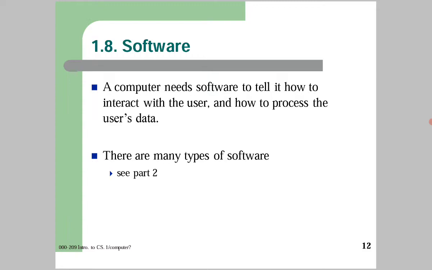Without software, a computer is a mechanical, hardware and electrical device only. So generally we require some software to operate it. Examples are operating systems and application software. So what are the different types of software? We will discuss that in the next chapter.